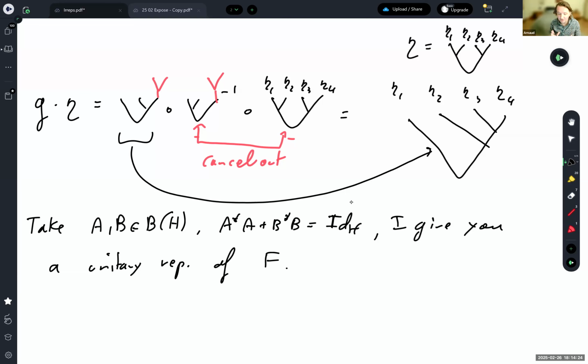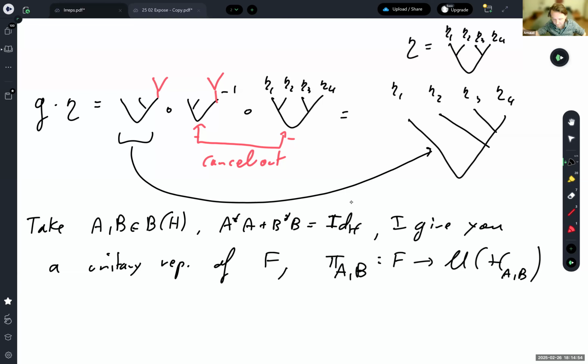The only thing that matters is that when you need to grow, you need to apply A and B. So here, the unitary representation of F, I should write it pi of AB, into the unitary group of a Hilbert space that depends on AB. The only thing that matters is this choice of operators A and B at the beginning.